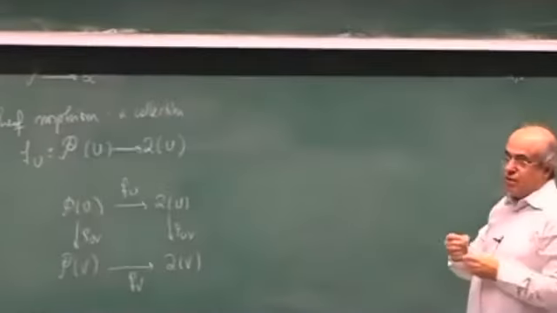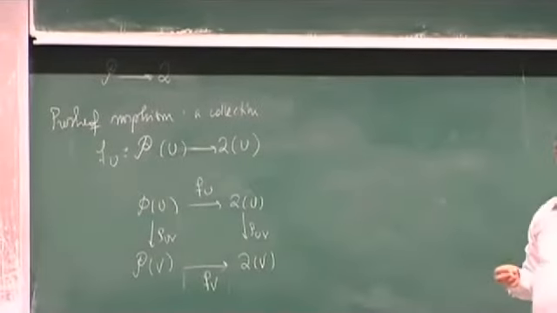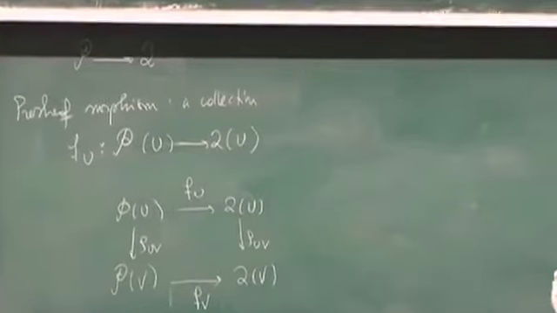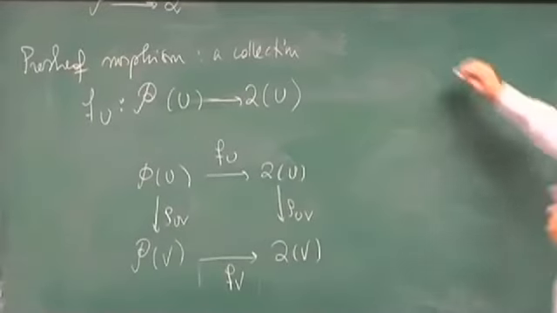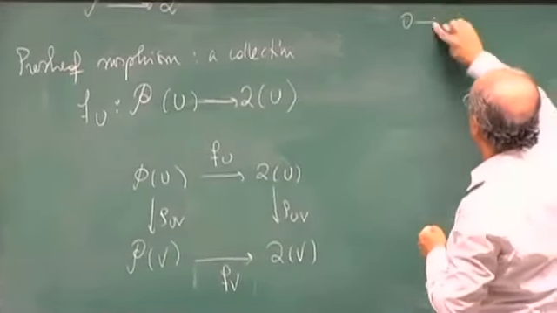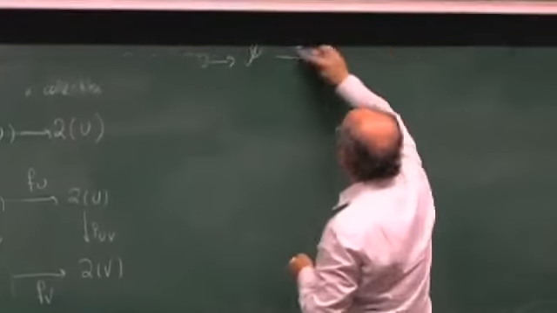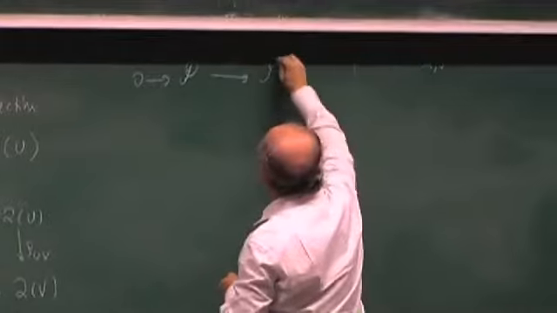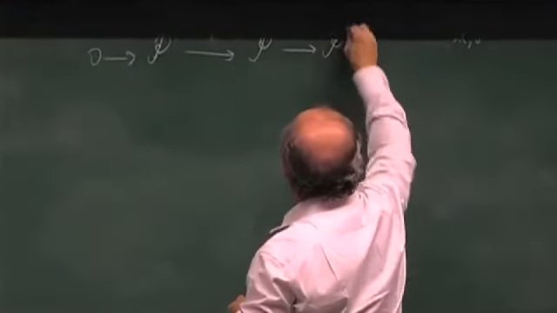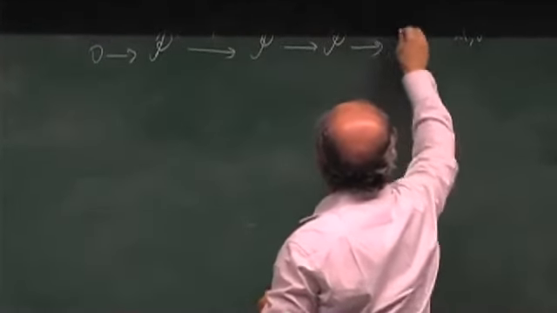Now, the road is open to consider exact sequences of presheaves, because we are very clever, and we say, very simple, if we have two morphisms of presheaves, say I and P, we say that this is an exact sequence if it is so on every open subset.